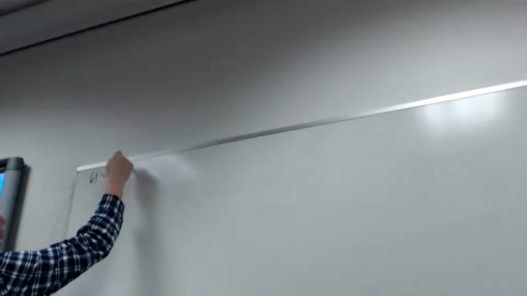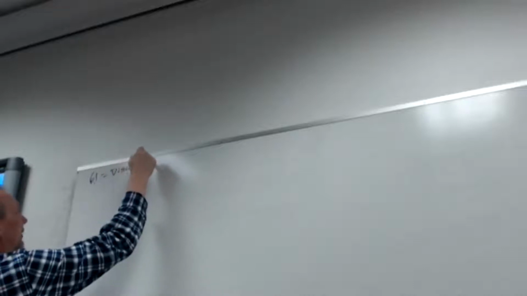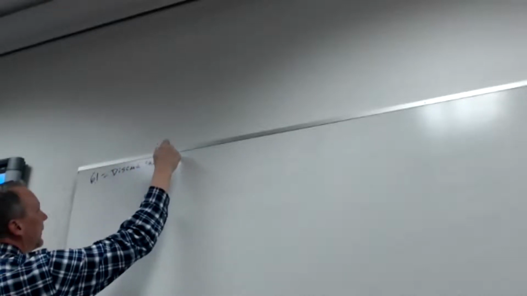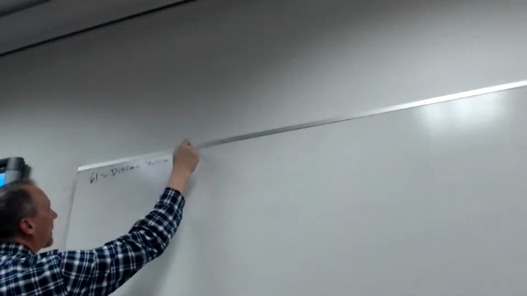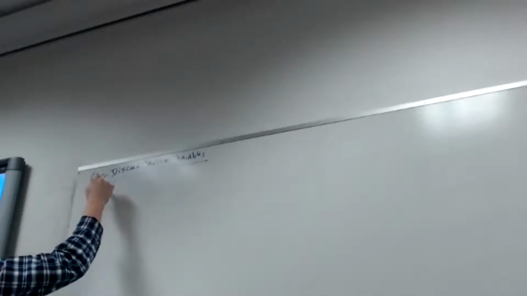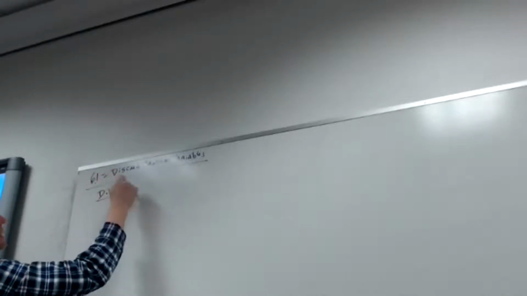So we're going to start on 6.1, which is discrete random variables. Okay, so remind me, what does discrete mean? Set number.